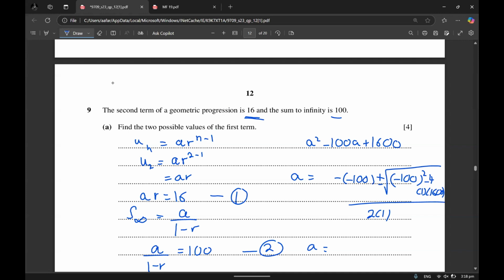So a we have is 80 or equal to 80. There are two values of a which we get by solving simultaneously.